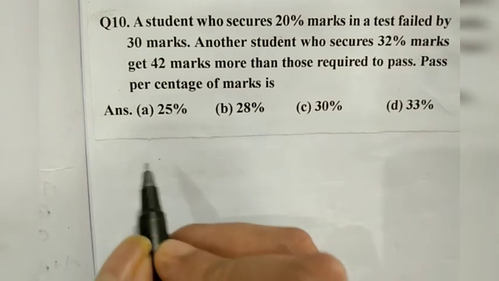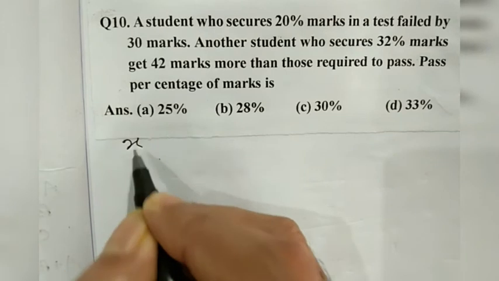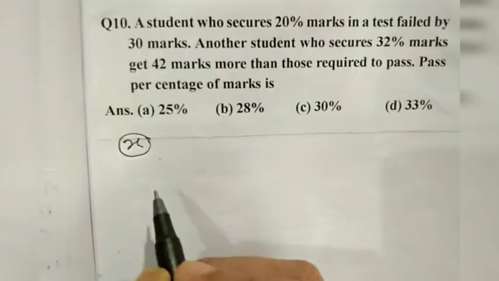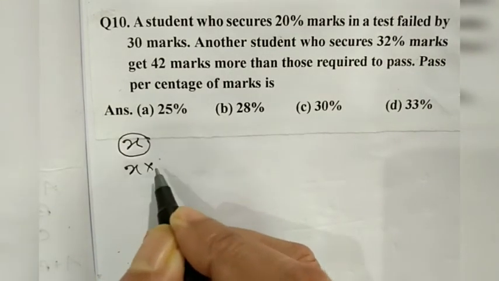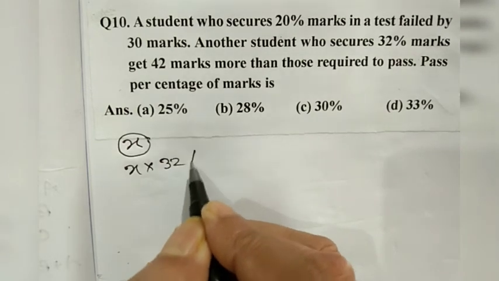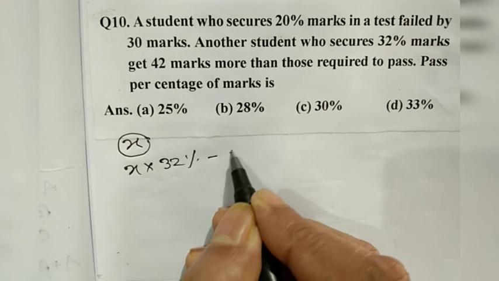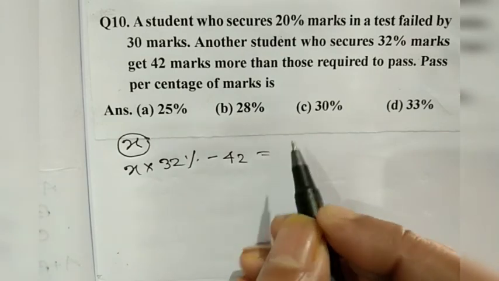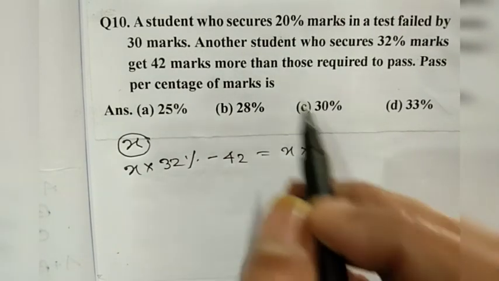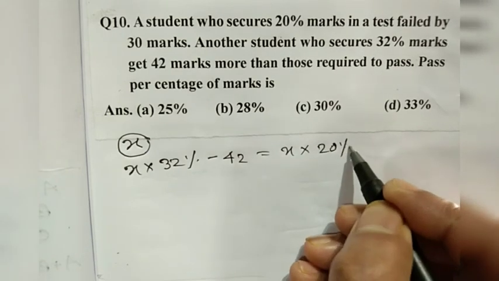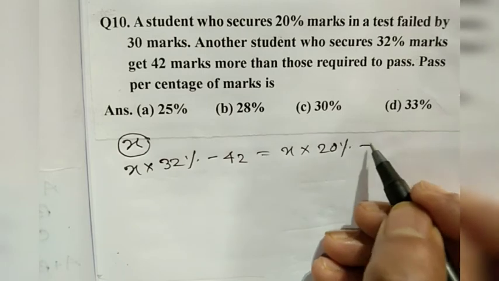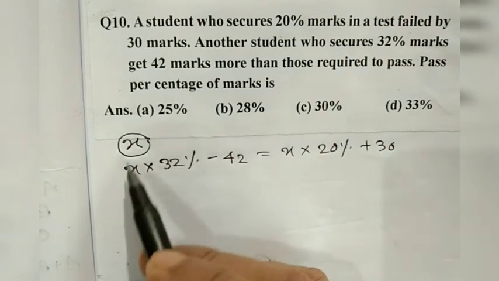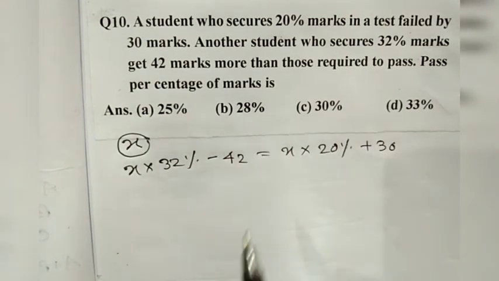Let the total marks be X. Then we can write X into 32% minus 42, getting 42 marks more, equals X into 20% plus 30, failed by 30. It is also pass marks.